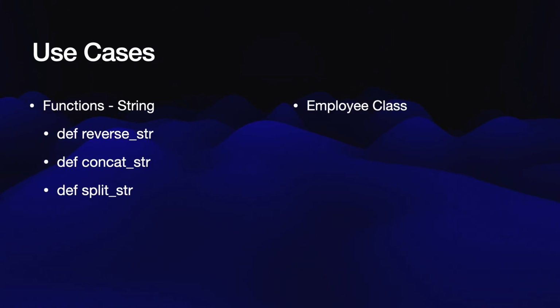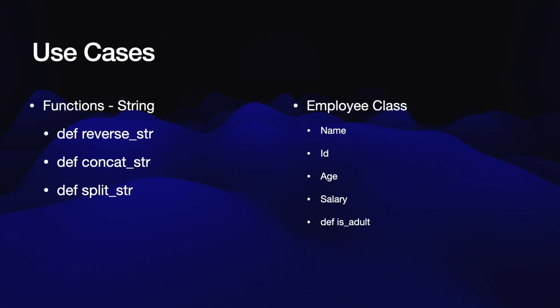Now we will also create a class. We'll create a simple employee class, and it will have some attributes as well as some methods. This class is going to have attributes like name, ID, age, and salary. Then we'll create a class method which checks whether the employee is an adult or not.